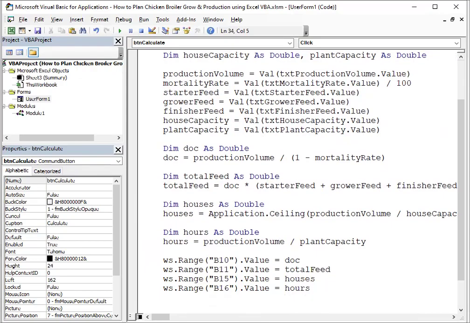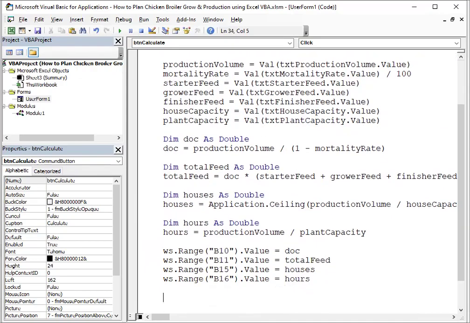Before we end, I'm also going to include the message box.